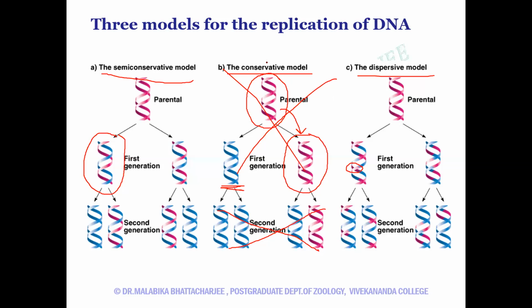So the conservative model, as you saw, was rejected. When we went for the two remaining hypotheses, as you can see, in replication cycle 1 we obtained an intermediate band, which is seen here also, and an intermediate band, which is seen in the dispersive model also. So from cycle 1, it couldn't be decided whether it is a semi-conservative model or a dispersive model. Let's move on to cycle 2.